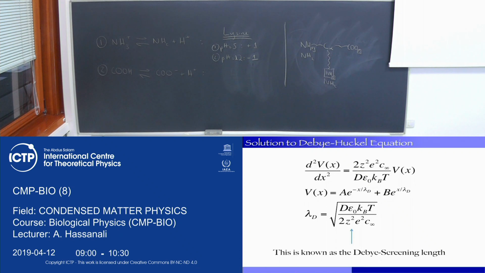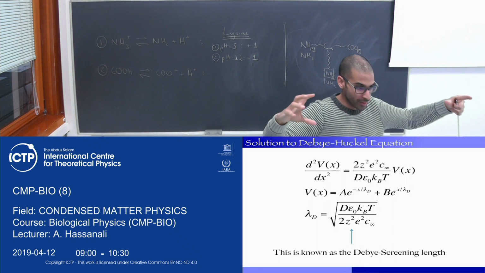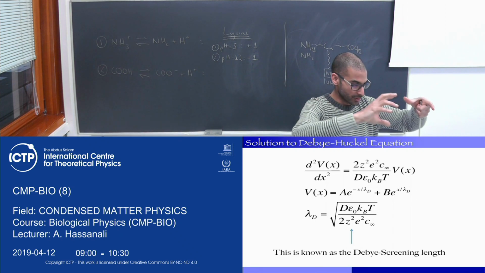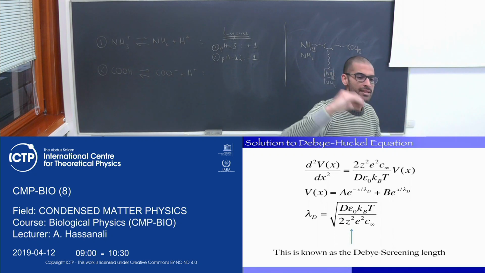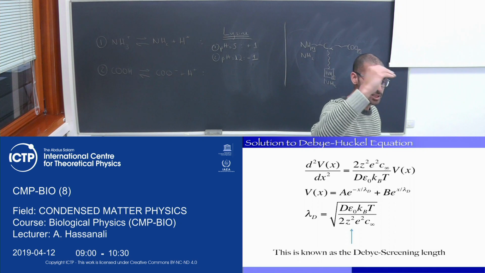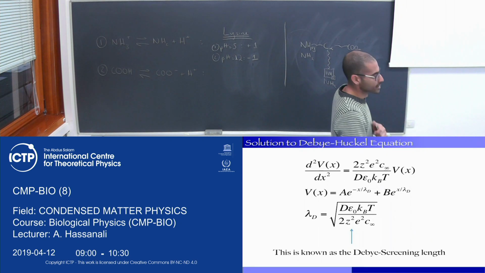Remember, just like we discussed the Bjerrum length, when I have 2 ions coming close to each other and there's a dielectric screening, at a certain length the electrostatic energy gets much larger than thermal energy. This is very, very analogous to that.